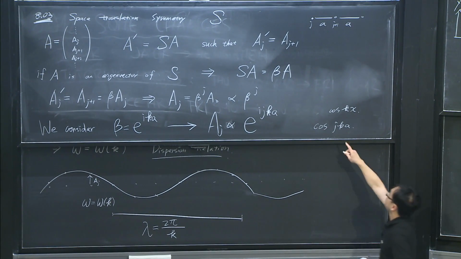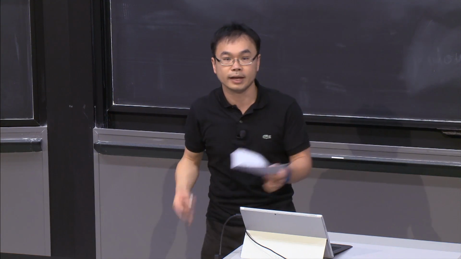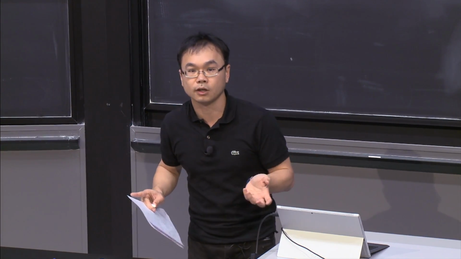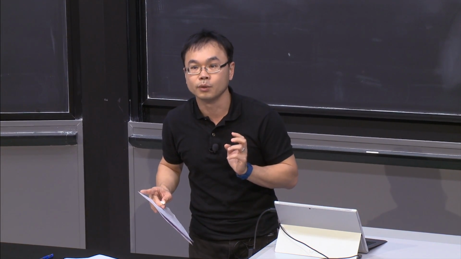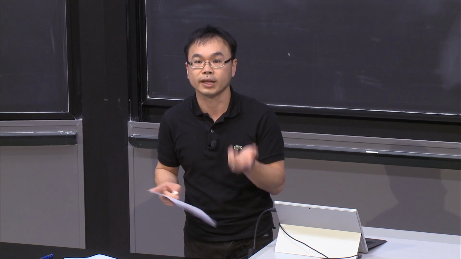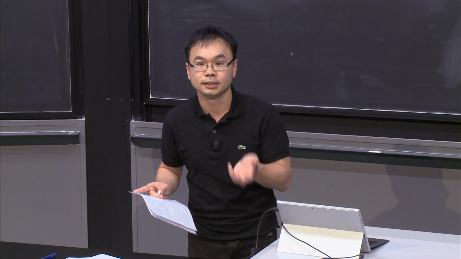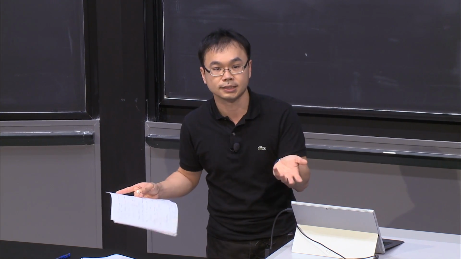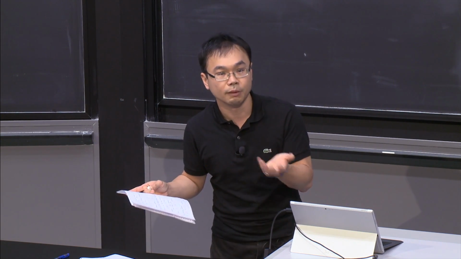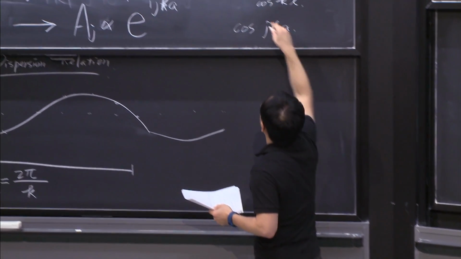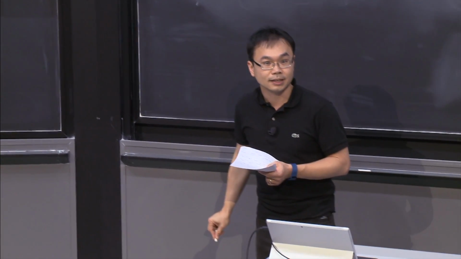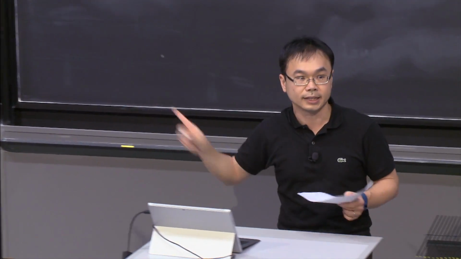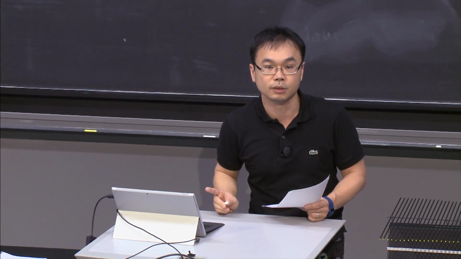J is a label, labeling which mass I am talking about. A is the distance between all those masses. J times A will give you the x, the location of the mass. Therefore, if you accept that, this becomes cosine kx, and from there you will see immediately that k has a meaning, which is the wave number.